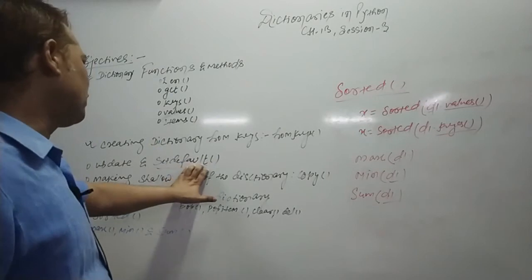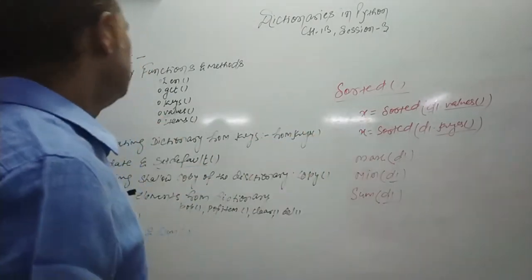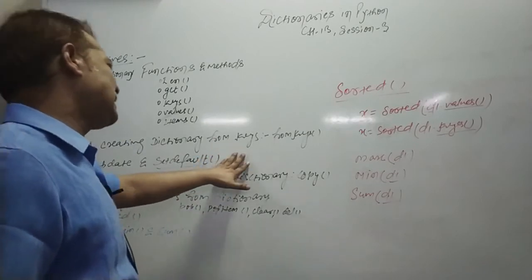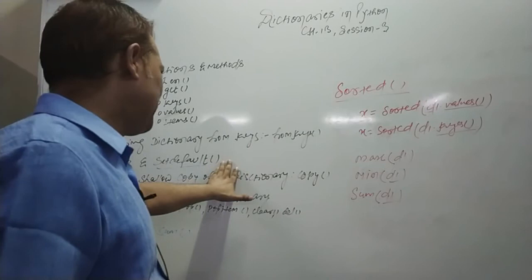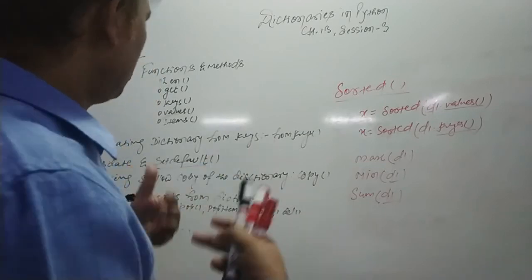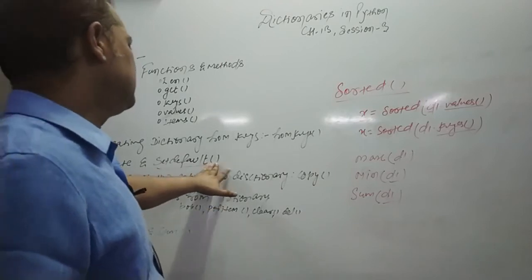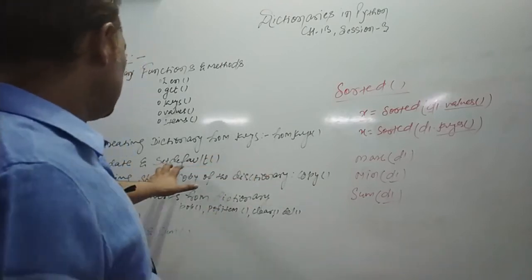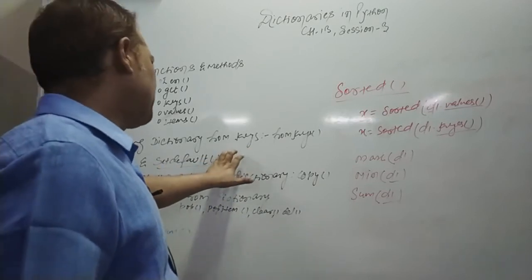Update and setdefault. The setdefault method simply sets a particular value as a default value. You have to pass the value in the form of key-value pairs, and if the pair is not there, it will add it at the last. Otherwise it will return the existing value of that particular key.